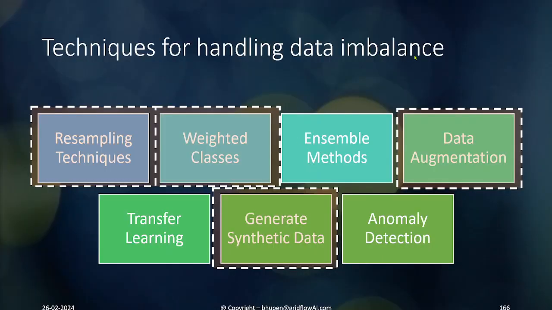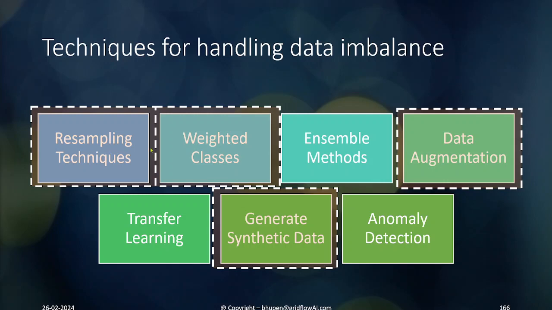Techniques for handling data imbalance: as I mentioned, there are very advanced machine learning models that are used to handle data imbalances. In this video, I'll show you some simpler methods. The resampling technique is the one that I'm going to show you.